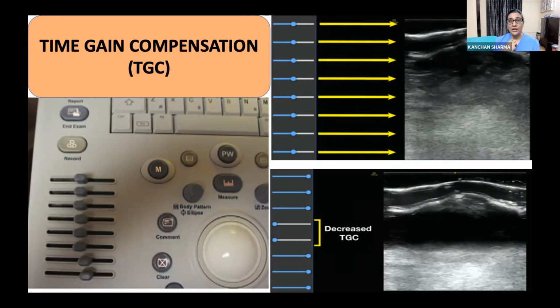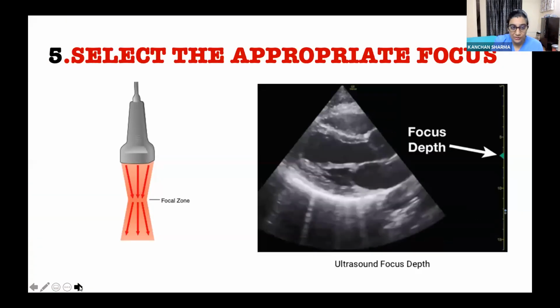Suppose I'm looking at a structure, everything looks very good to me, but approximately at a depth of 5 centimeters my structure of interest lies, and I'm not able to see that particular structure very nicely. At that time you can use this TGC to visualize that structure nicely. Fine. So that is the function of using this TGC when we are looking at any structure.